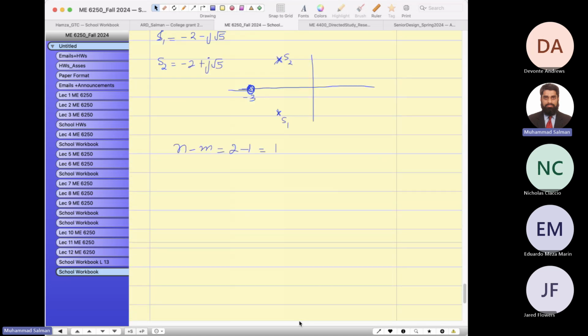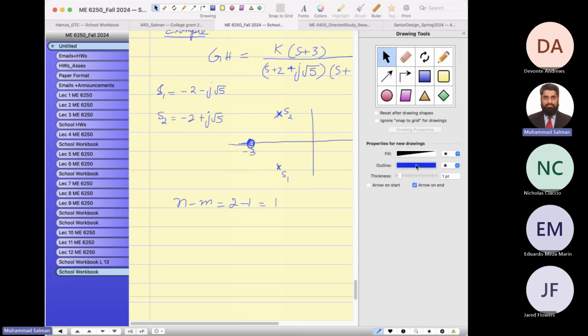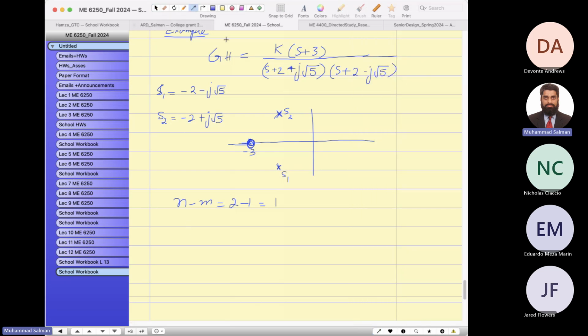As I mentioned, the technique I would follow is pen down, pen up, from the odd number of poles or zeros. Look, I keep on dragging the pen, and I do not see anything. But as soon as I hit the first odd number of pole or zero, I will start dragging the pen on the real axis.